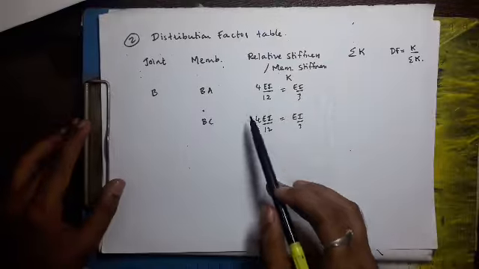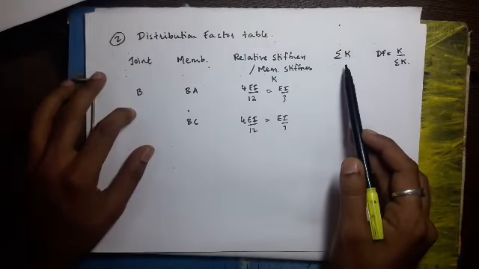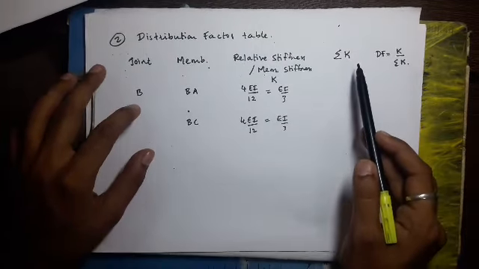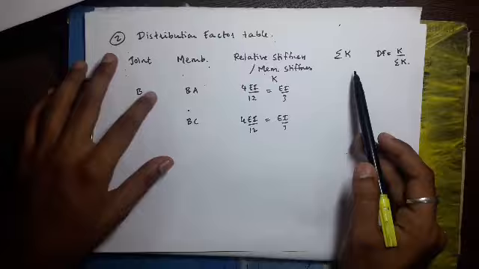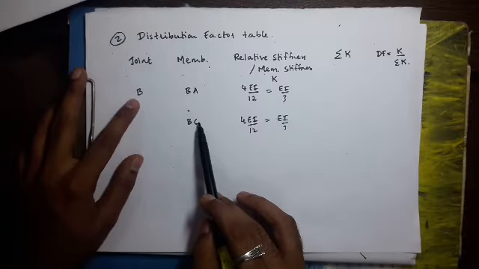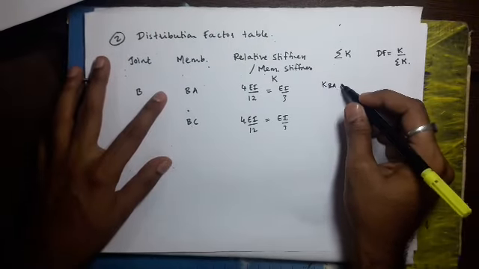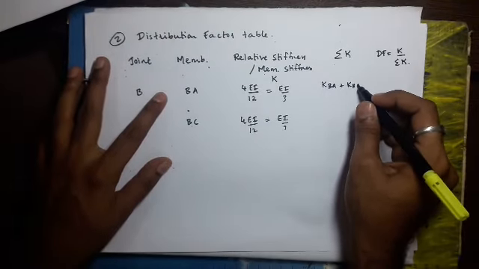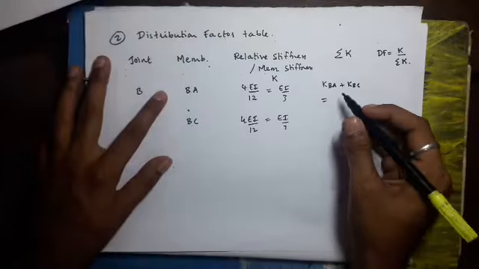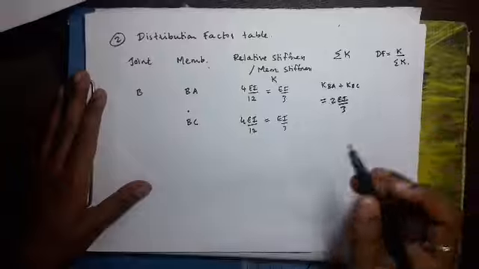After completion of this, find the joint stiffness factor of joint B, which is nothing but the summation of member stiffness factor connected to joint B, means KBA plus KBC. KBA plus KBC, it will be 2 EI by 3.